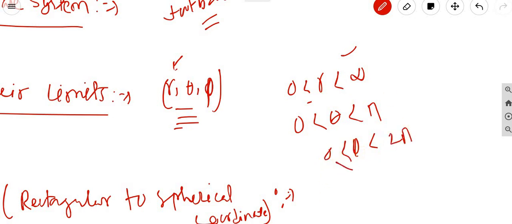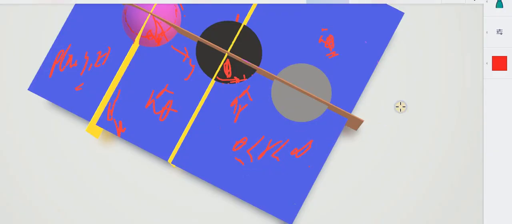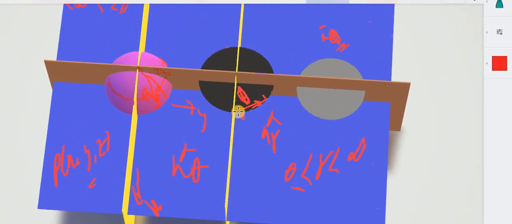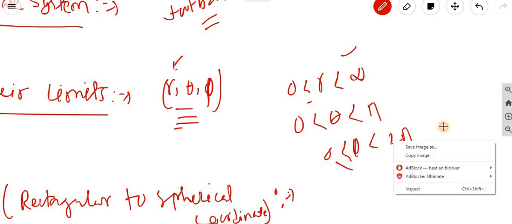So how is this 0 to 2 pi made? See, from the origin, positive x-axis, if you travel in this way, what will we get? We have to travel up to 360 degrees, that means 2 pi. So 0 to 2 pi to cover it.